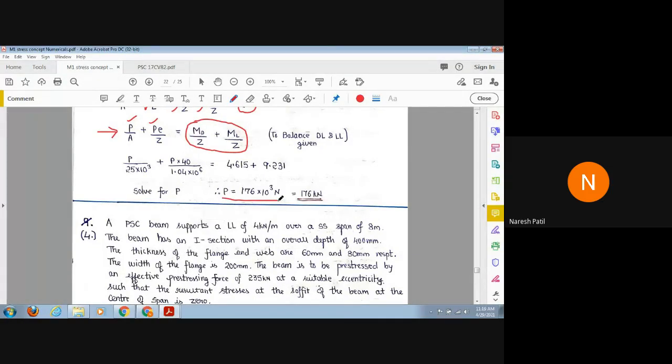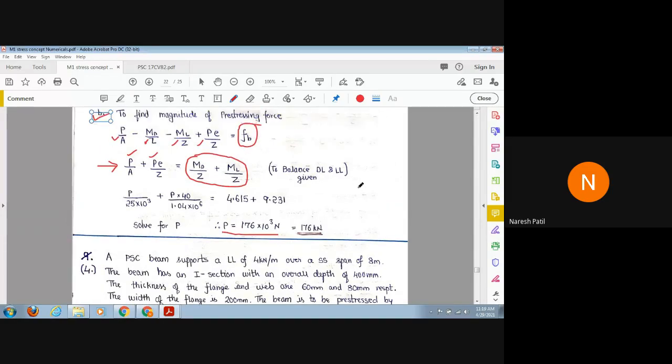It is 176 into 10⁻³ Newton or 176 kilonewton. Okay, did you understand or do you have any doubts?